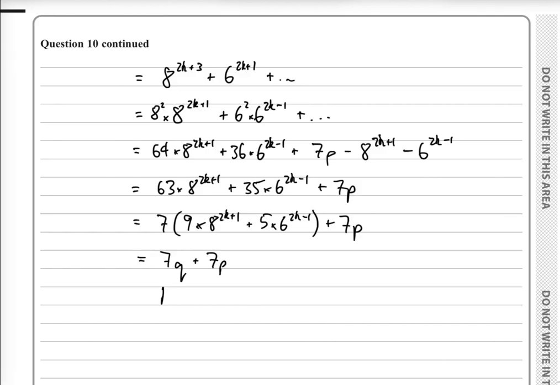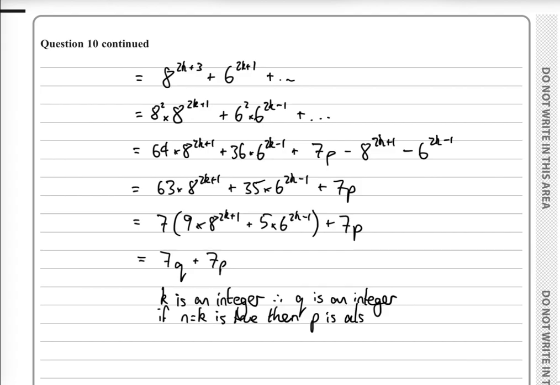And then we know that k is an integer. That wasn't an assumption, that's part of our process. K is an integer. Therefore, q is an integer. And if n equals k is true, then p is also an integer.